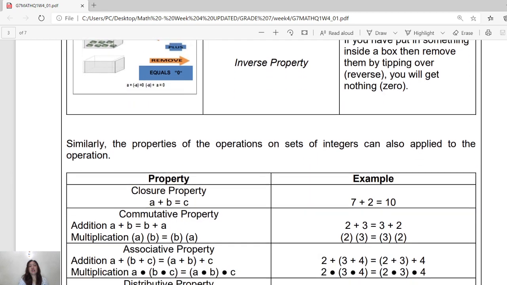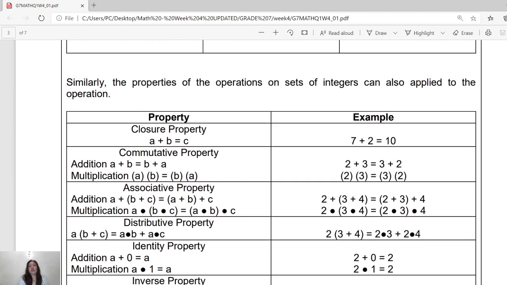Similarly, the properties of the operations can also be applied to the set of integers. We have an example here. Closure property: for every A plus B, it is equal to C. For example, 7 plus 2 equals, it should be 9.